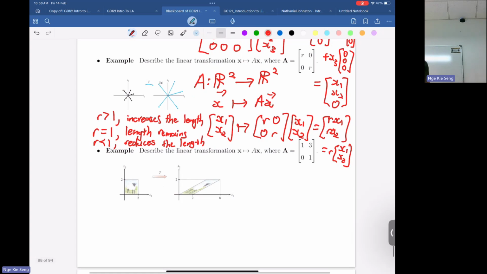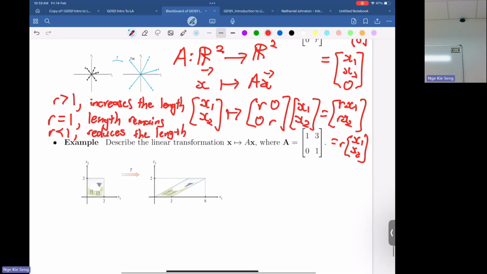All right, how about the next one? 1 3 0 1. This is a map from where to where? Again, R2 to R2, because there are only two columns here. You can notice that the size of your codomain is determined by the number of rows you have.